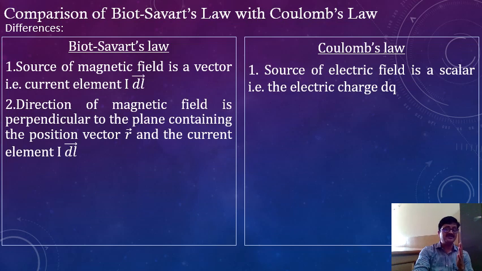Remember, my dear friends, we had derived that vector form of Biot-Savart law. In that vector form, we had very clearly derived dB is equal to mu naught by 4 pi into I into vector dl cross vector r divided by r cube. Do you remember that?